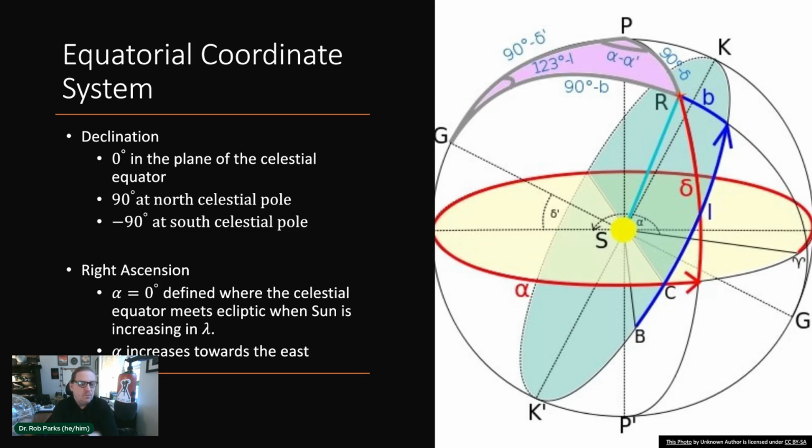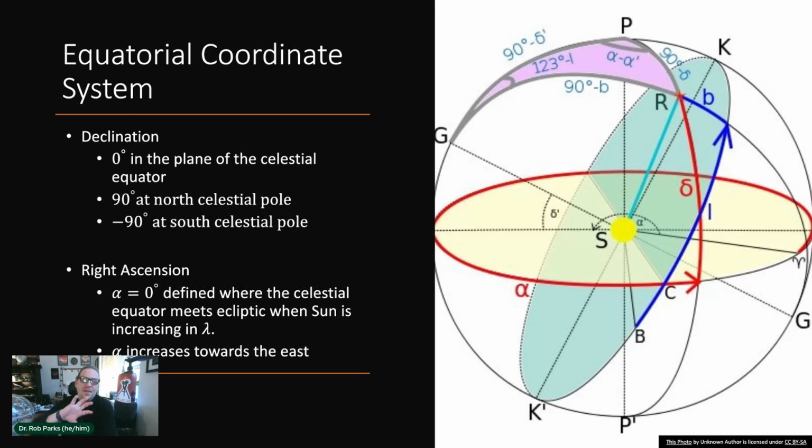Right ascension. Right ascension is defined as 0 directly towards the vernal equinox. Now, that point is defined as the point on the celestial sphere where the sun's coordinates hit the celestial equator, while it is going up.